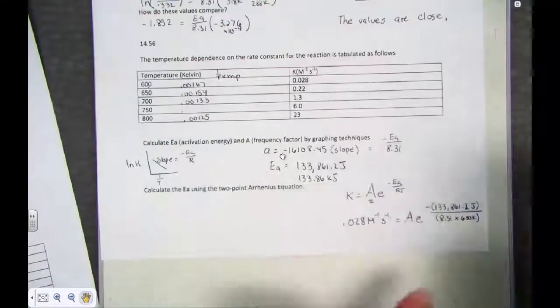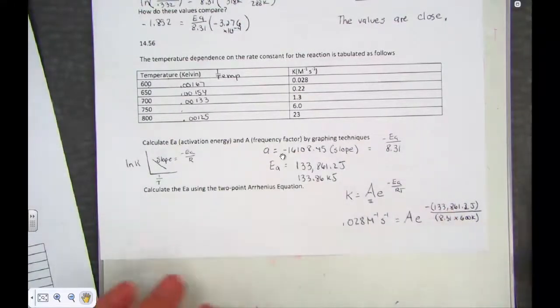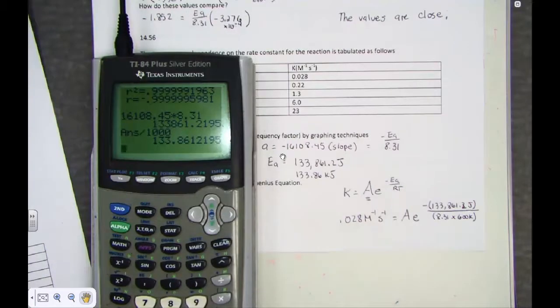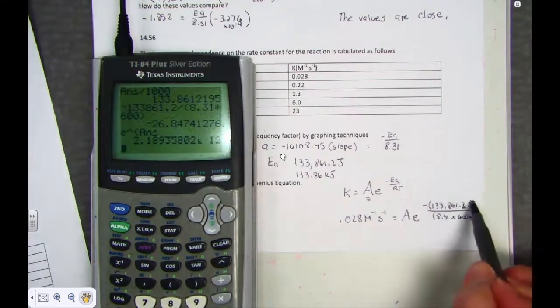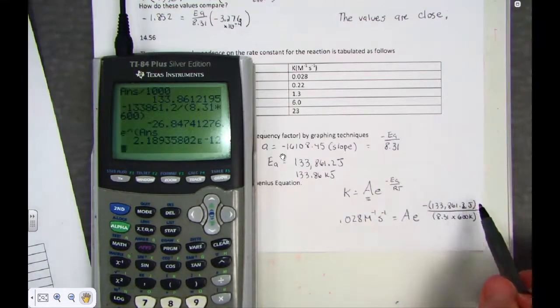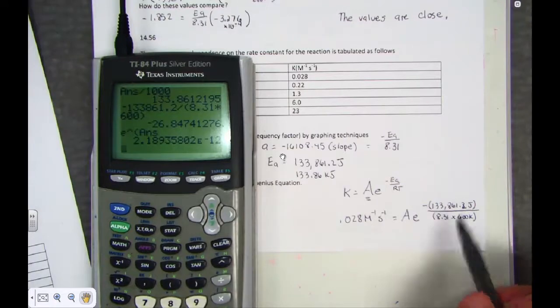Let's simplify what's going on in these parentheses first. So negative 133,861.2 divided by the R and the Kelvin temperature. E raised to that answer, this entire thing simplified, is 2.19 times 10 to the negative 12th.